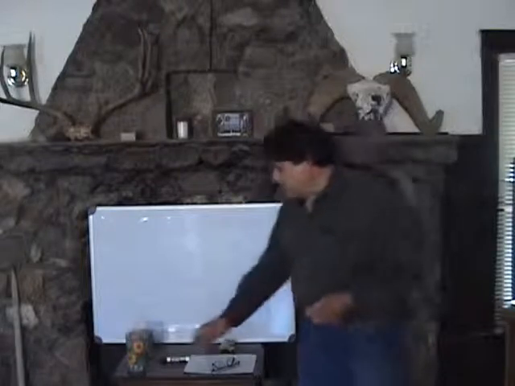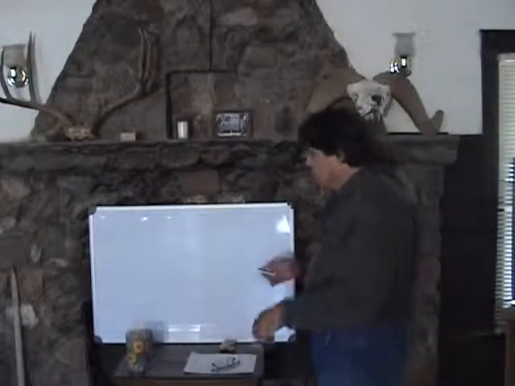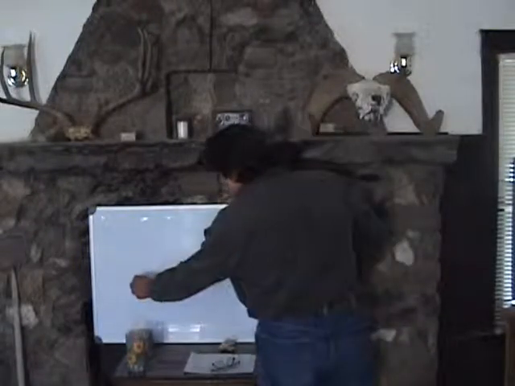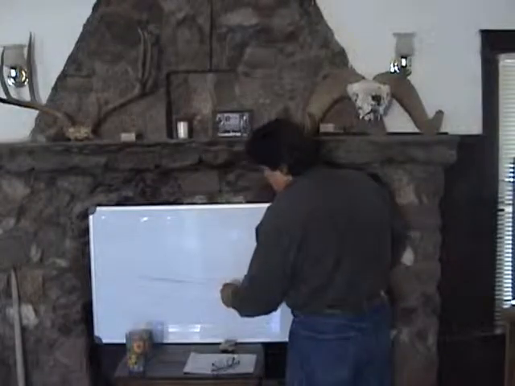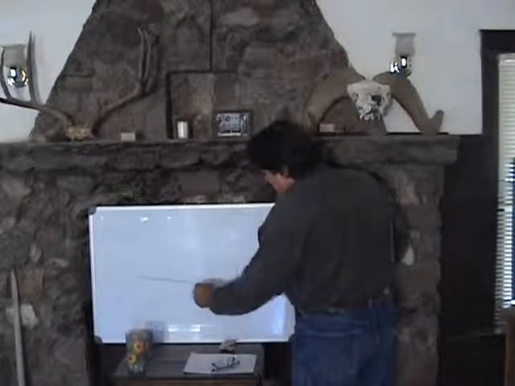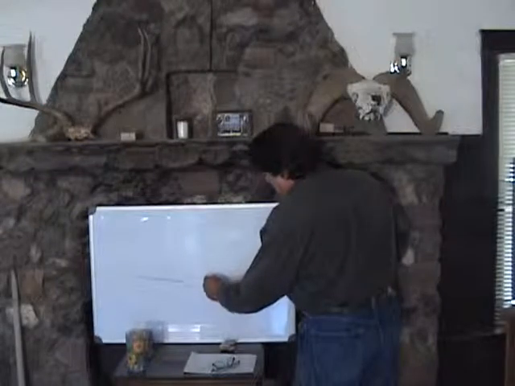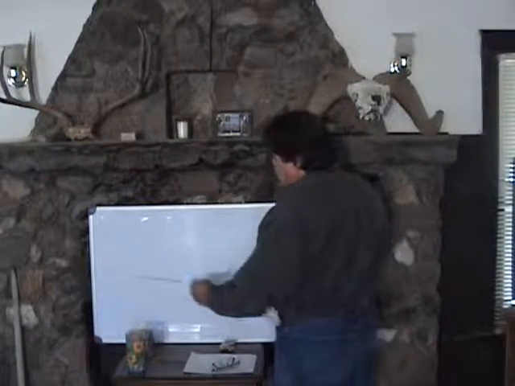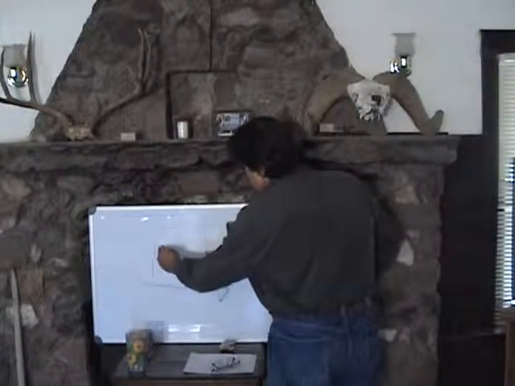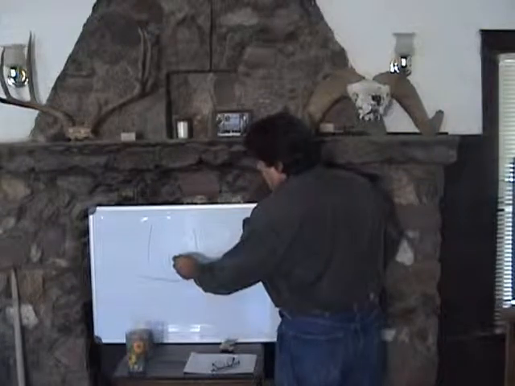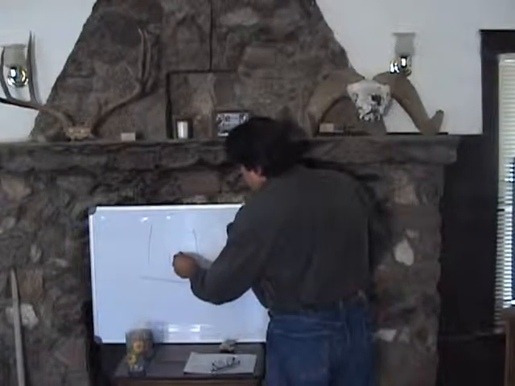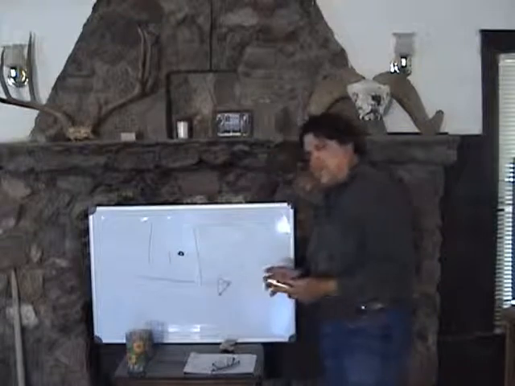So let's start. Let's say a wash is going along here, and we'll say the water is flowing this way, with a little arrow here, and we have a hillside coming down. We've got a spring right here, and it's a focus point spring.